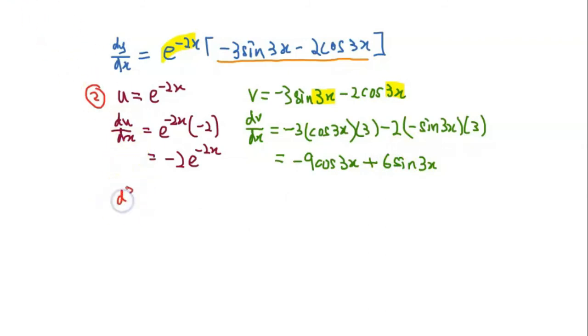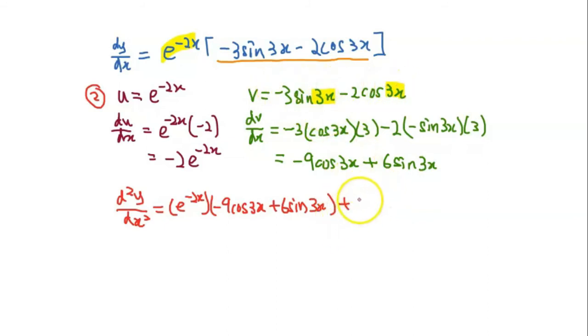Now, we are going to find our second derivative of y by using the product rule: u times v prime plus v times u prime.